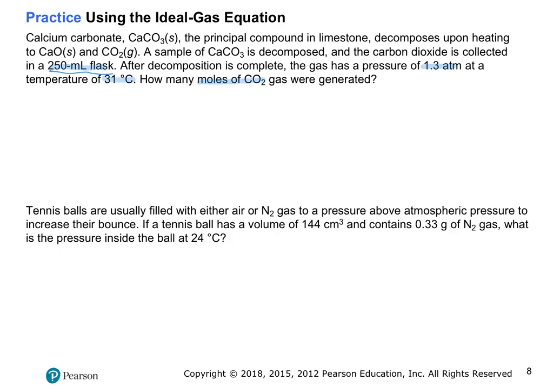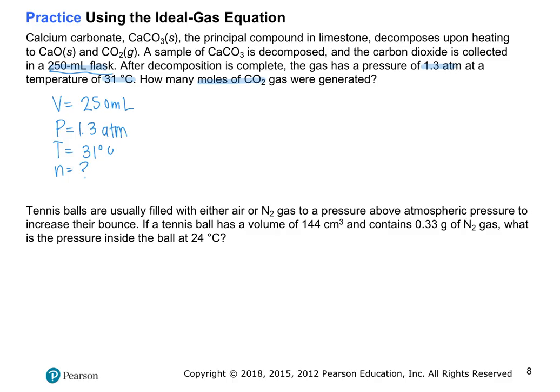So we're going to collect our variables. We have our volume equals 250 milliliters. We have our pressure equal to 1.3 atmospheres. Our temperature equal to 31 degrees Celsius, and we're trying to solve for moles. So the first thing we need to do is get all of our units in the correct unit.